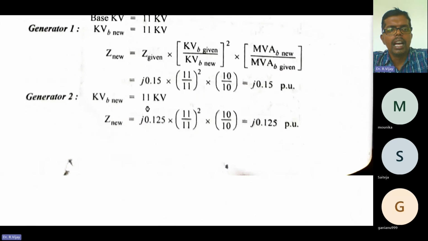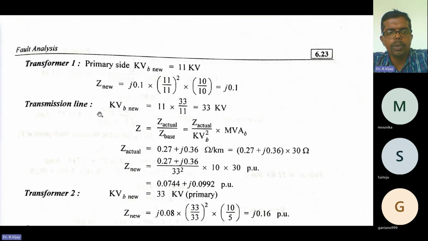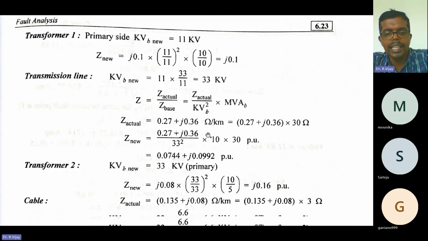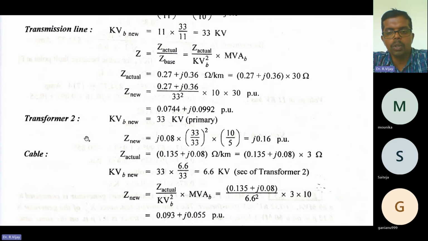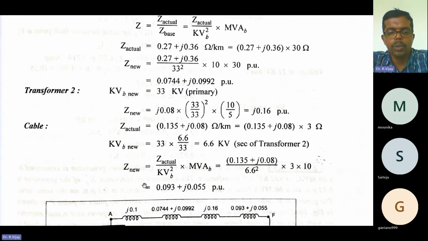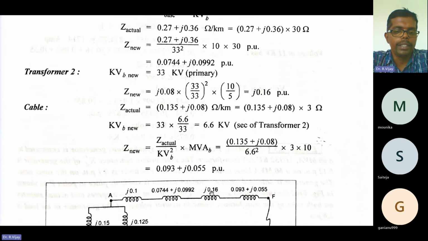Next comes, after your generator 1 and generator 2, the transformer number 1, next transmission line, next transformer 2, next cable. So all are in series. J into 0.1 is in series. Next, transmission line, this value, that is 0.0744 plus J into 0.0992 per unit, also in series. Next transformer 2, this is the value: Z pu is equal to J into 0.16. Next for the cable, the new impedance value is 0.093 plus J into 0.055 per unit.